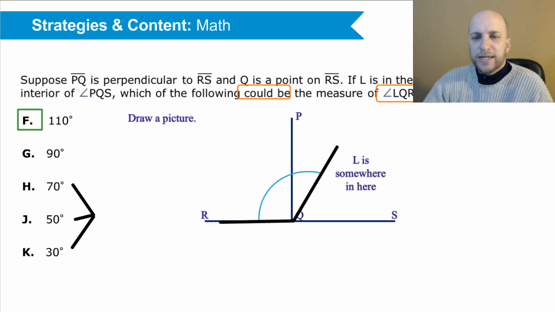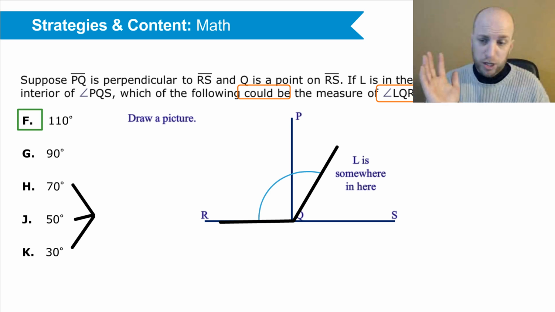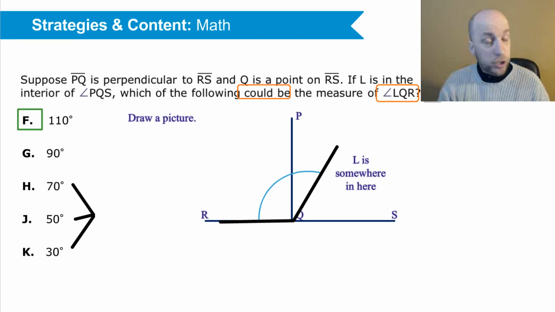Oh, because it says what could it be? And all three of those are acute. And given that they give me no other information, it's going to be obtuse, 90, or acute. If I have three acutes, I couldn't choose between them. If it was three obtuses, I couldn't choose between them. So you could instantly throw those out. Cross them out.